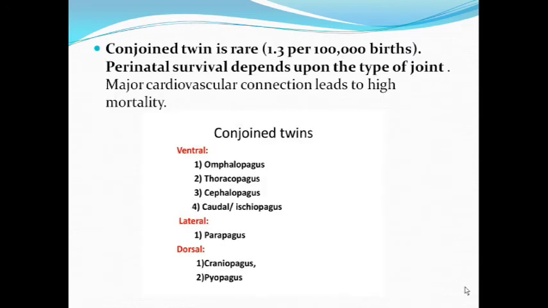Conjoined twin is rare, around 1 in 1.3 lakh births. Perinatal survival depends on the type of the joint. If they are connected, cardiovascular connection leads to high mortality. Different types of conjoined twin you can see.